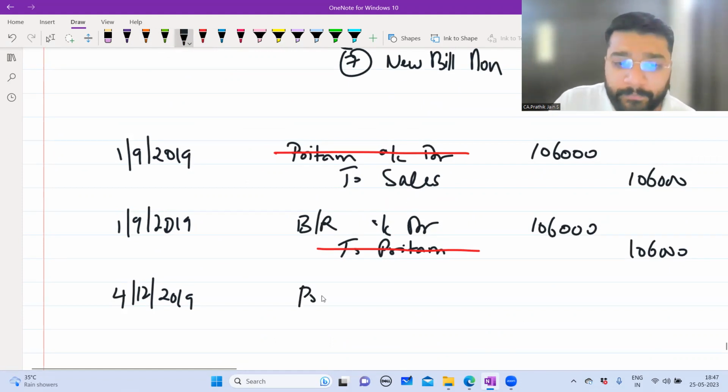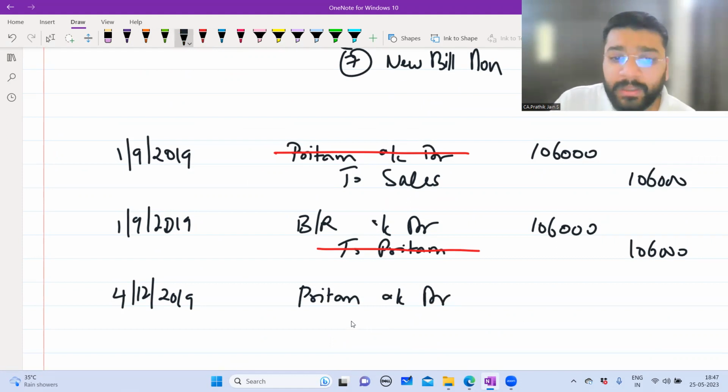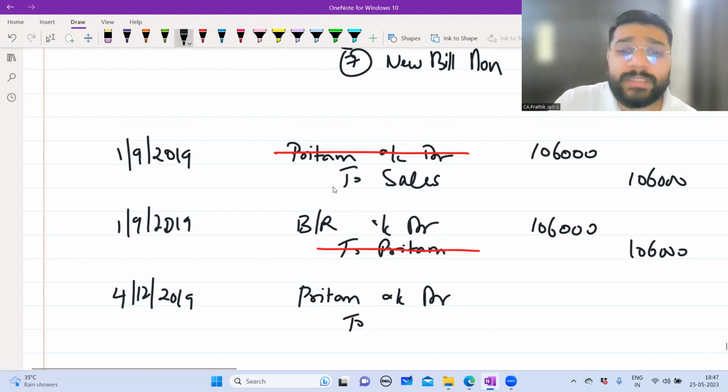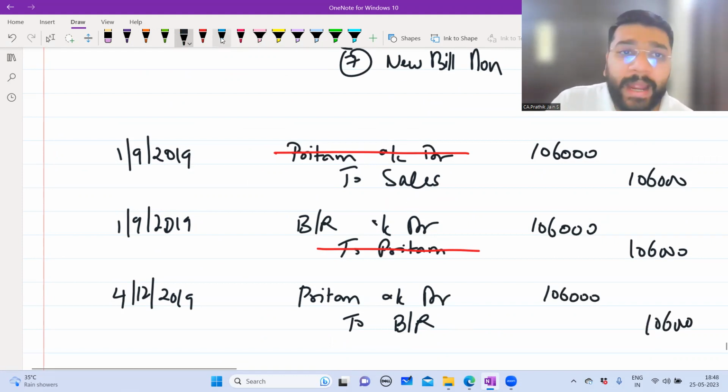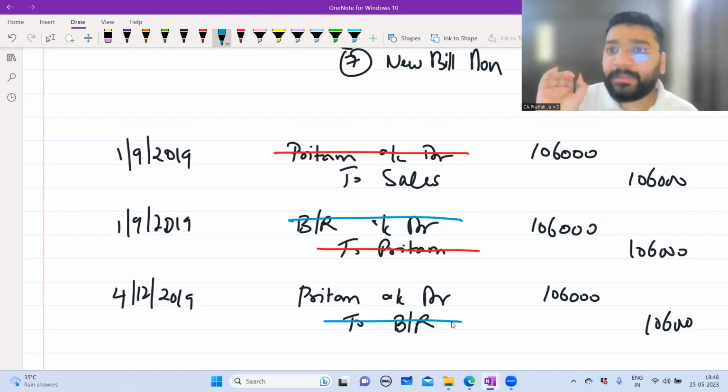Preetham account debit, we are recreating the debtor, and the bill receivable is losing its validity. It has become null and void, useless. So that asset which is useless, I need to close it. So bills receivable account you had opened earlier and I'm closing it here. Preetham account is still open and pending.